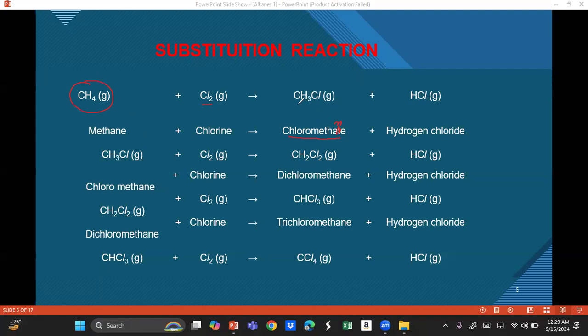So how is this chloromethane formed? Along with chloromethane, HCl gas is produced. This is not an acid, keep in mind. If somebody asks you what you will observe during this reaction, you can say white fumes, because HCl gas is in the form of white fumes escaping into the atmosphere. Now, how did this reaction happen basically? Let's open it. Let's say this is CH4.